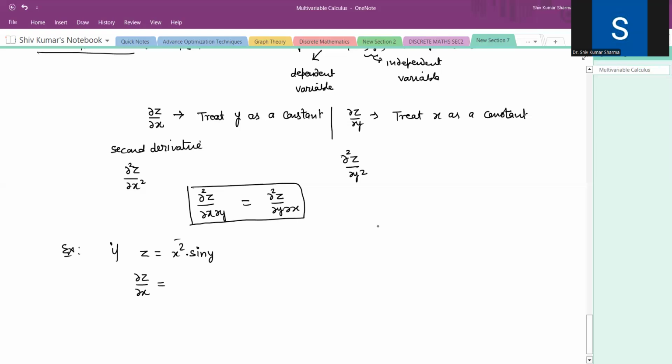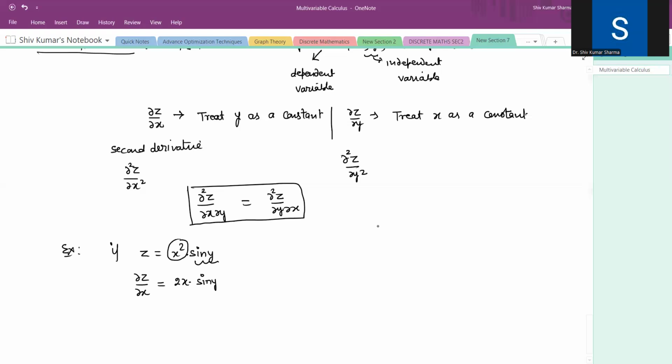This term purely belongs to x, so we differentiate x square as per the ordinary formula. The differentiation of x square is 2x, treating y as a constant. The second term belongs purely to y, so we write sine y as it is.